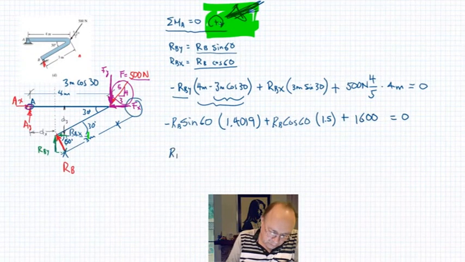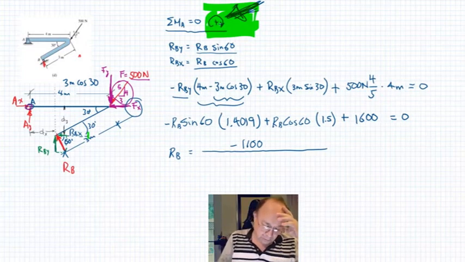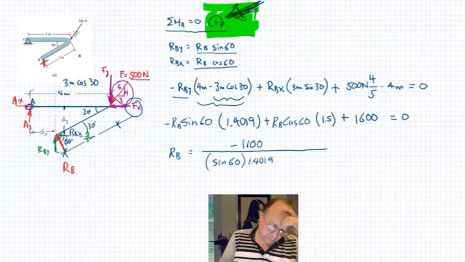and RB comes to be equal to minus 1600 divided by negative sine 60 times 1.4019 plus cosine 60 times 1.5.